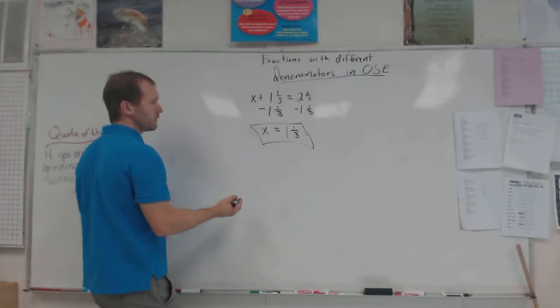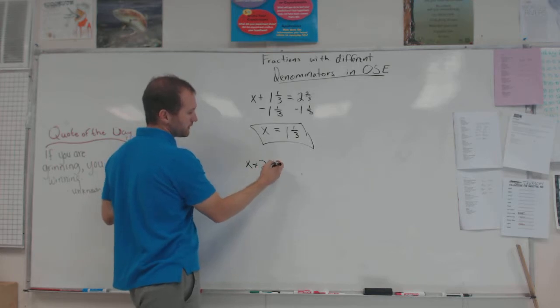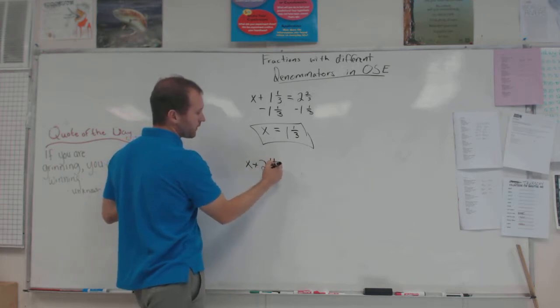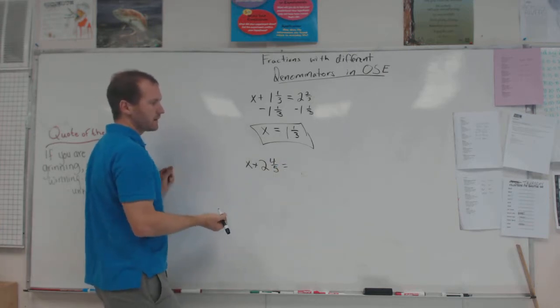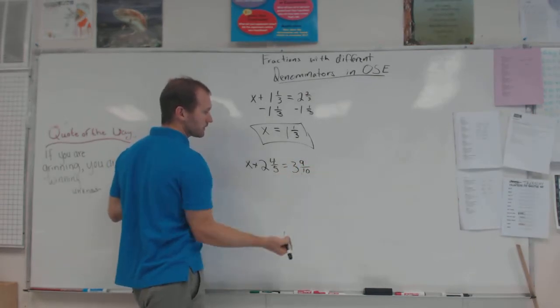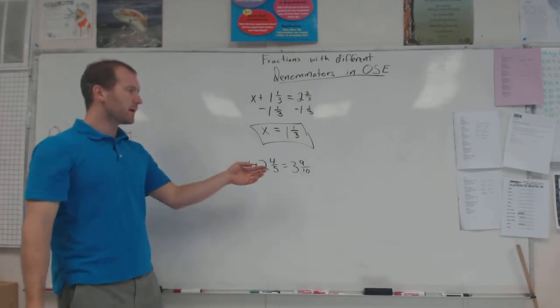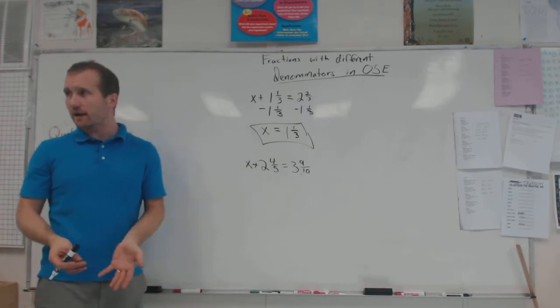What happens though if our denominator over here, let's say it was 4/5, is different than our denominator over here? Let's say I had 3 9/10. What am I going to do if I have two different denominators? Well, the first step is still the same.